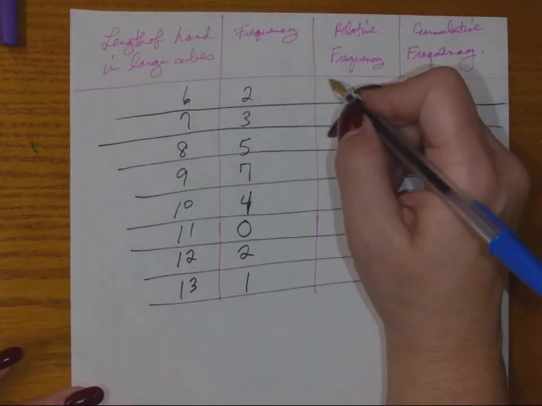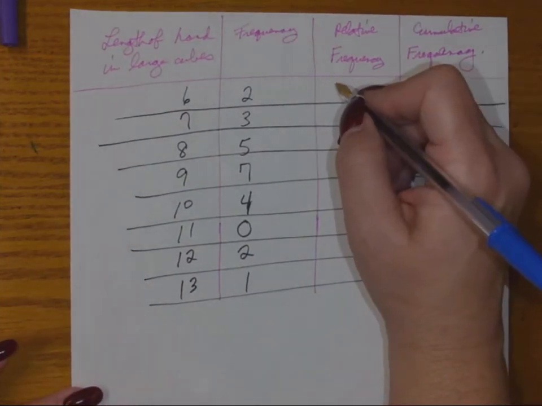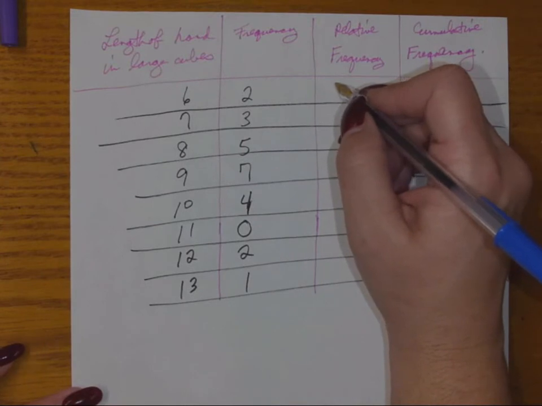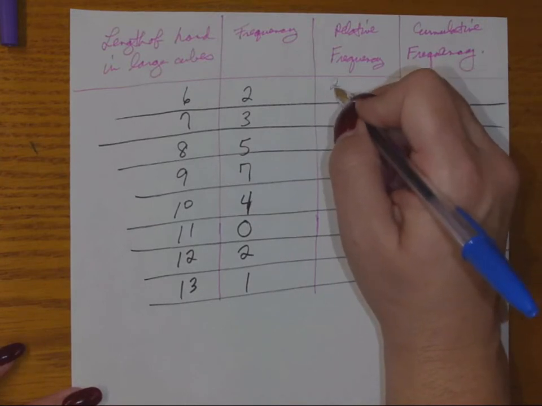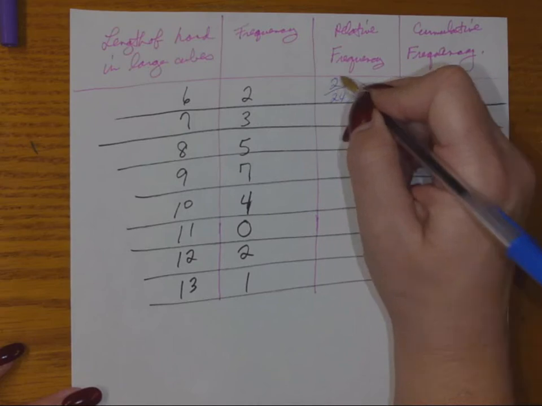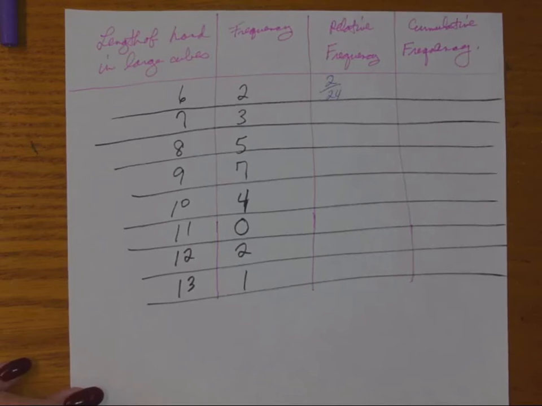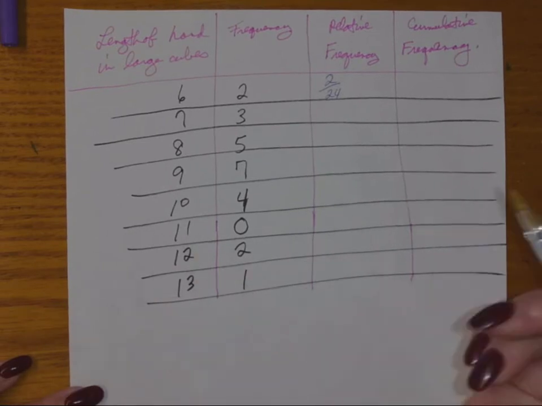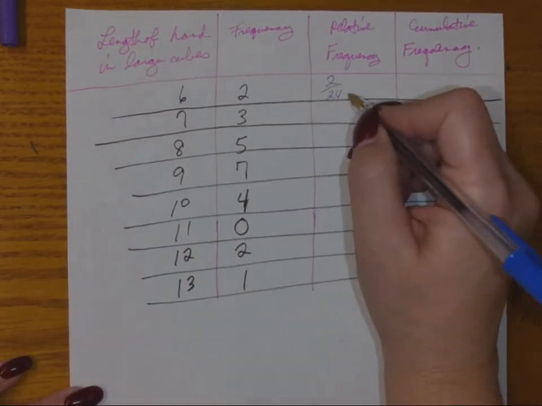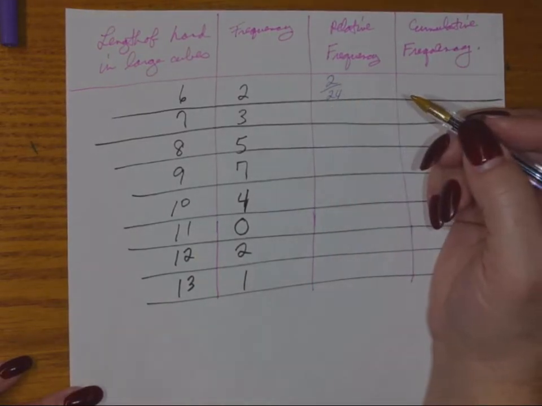I am going to just do the fractions because I didn't bother to bring a calculator with me to this. I'm sorry. But again, if you want to change those to decimals or percentages, then fine. There are a couple of cases where I'll need a percentage, but I'm going to almost always leave mine as a relative frequency as a fraction.